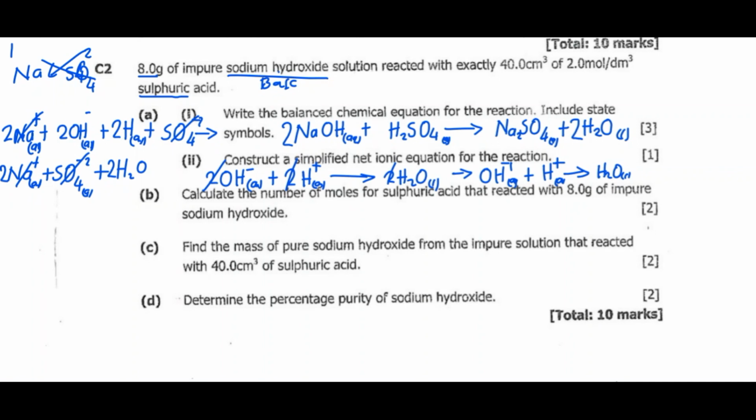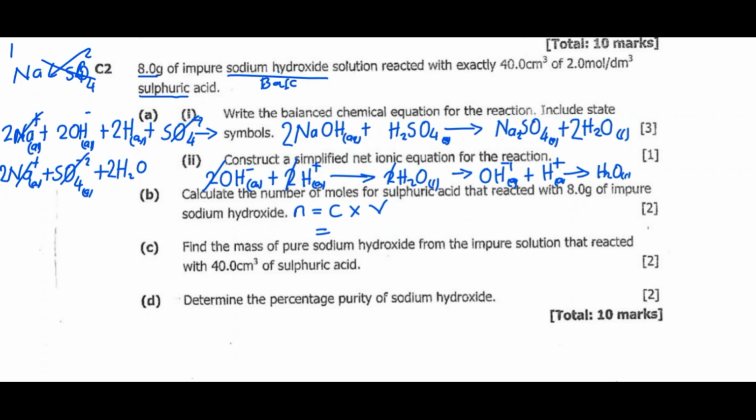Then for B, calculate the number of moles of sulfuric acid that reacted with 8.0 grams of impure sodium hydroxide. So, number of moles is equal to concentration multiplied by volume.